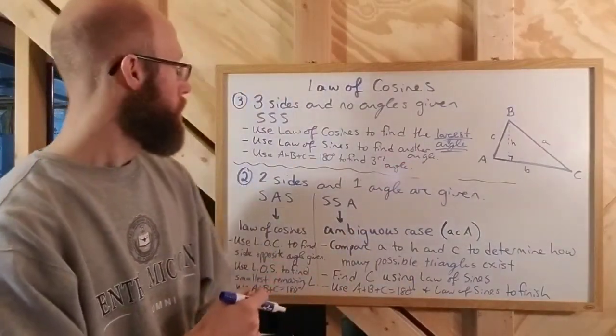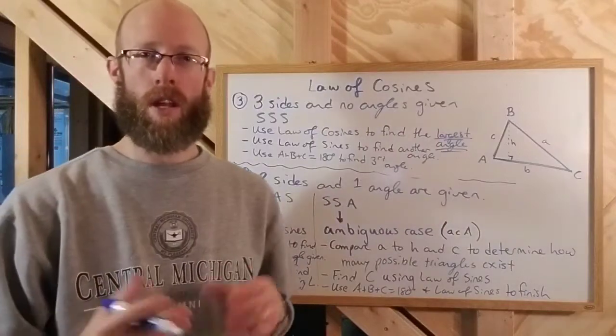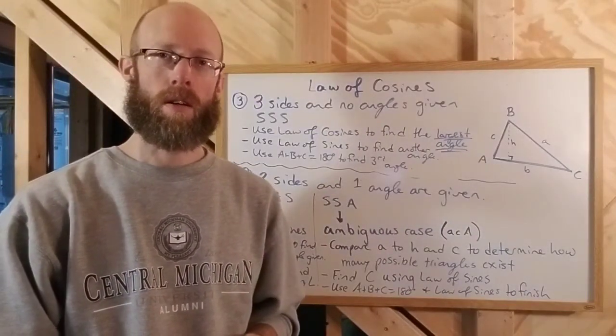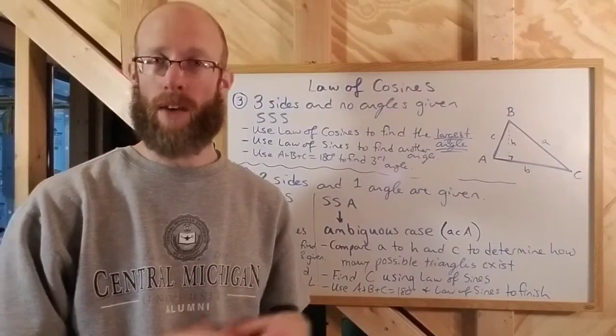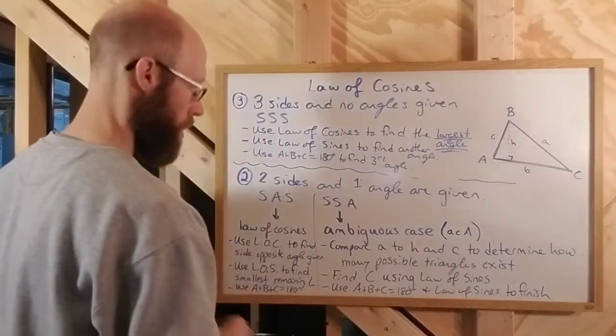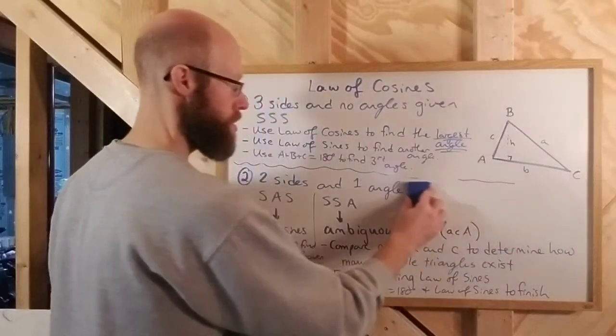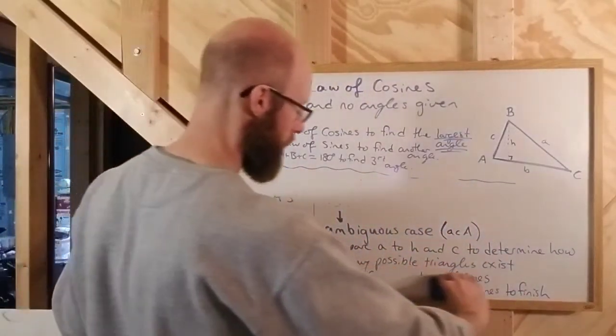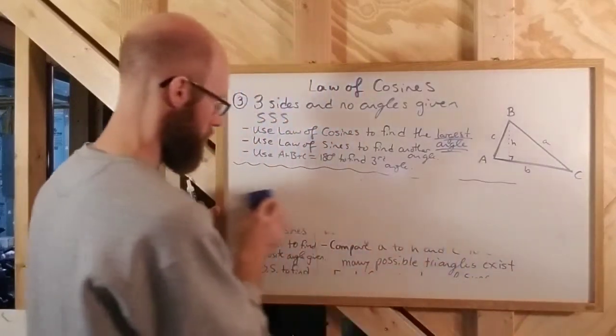Now there is one other possible combination of three given pieces of information we haven't really talked about. And that is the situation where you have three angles but no sides.